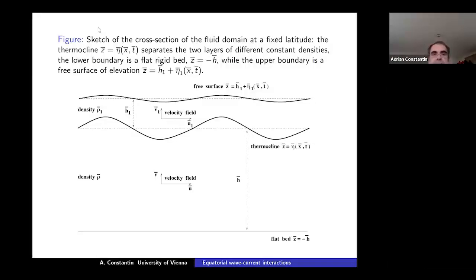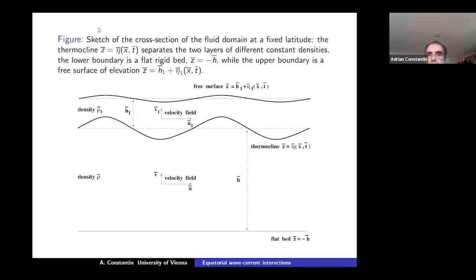And you have a density ρ1 and a density ρ, and this is a stable situation. ρ is bigger than ρ1. ρ1 is the warmer water, warmed by the sun. And the problem here is that, okay, there is a velocity field everywhere, but because of the orientation of the currents, you have a surface current that goes westward and this equatorial undercurrent that goes eastwards.